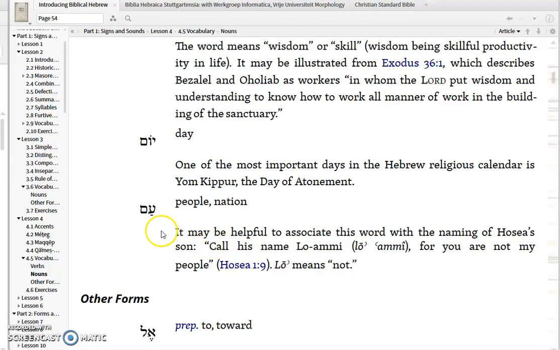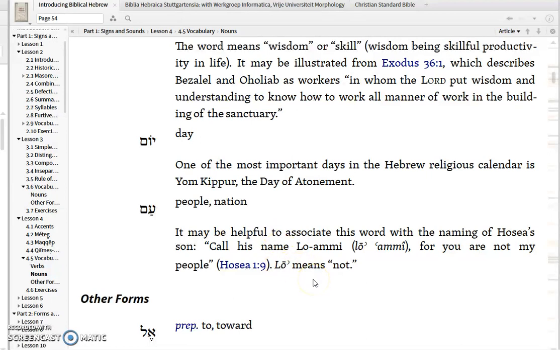Am is people, and again, I'm not pronouncing the ayin with the original sound. It should be am rather than am. But anyway, with the ayin, means people, like a people group, as opposed to goy, which would be a nation.